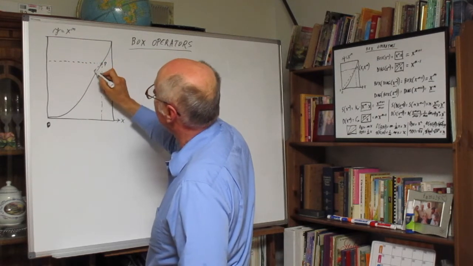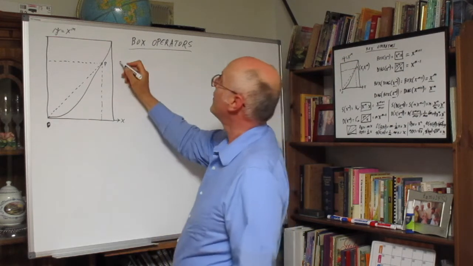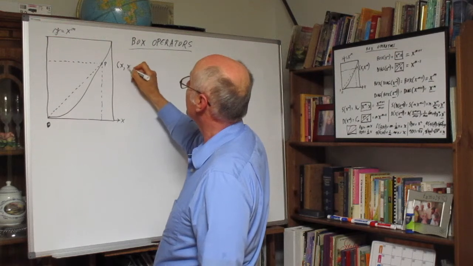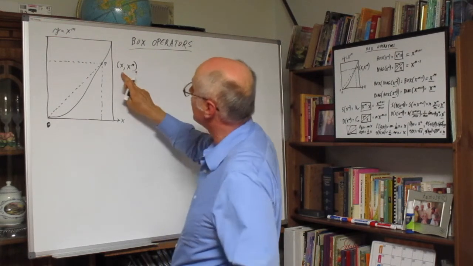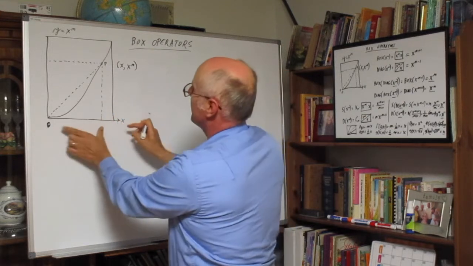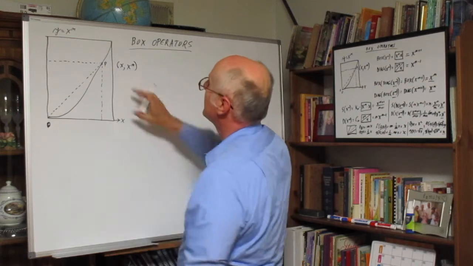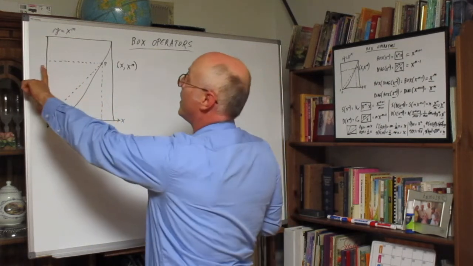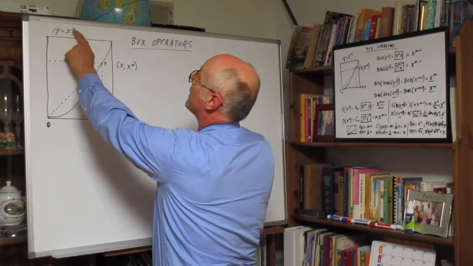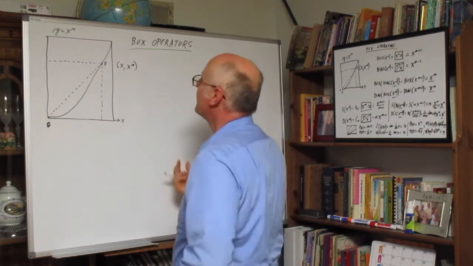Then we draw a diagonal. Right? And point P has a parametric form that could be x, x to the n. The x value, well, that's your x, and that's the run, or the base. And the height, or the rise, is x to the n, because you plug in x and you get x to the n. See it? Not bad.